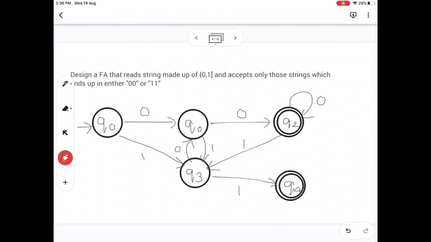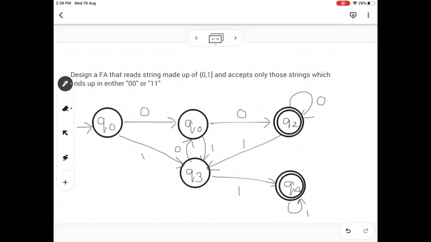Okay. Now at Q4, if I get 1, I will make a self loop and remain in the same state. Why? Because 1 1 1 1, any number of ones, it should end with 1 1. So I have put a self loop over here. If I get 0, where do I go?